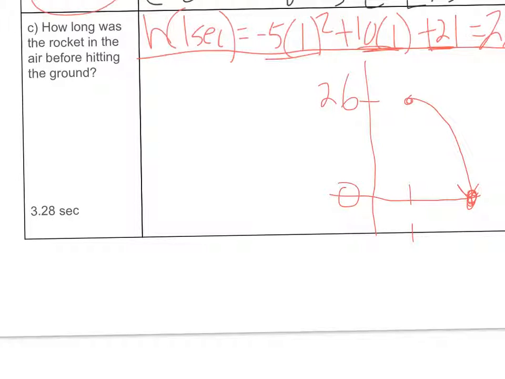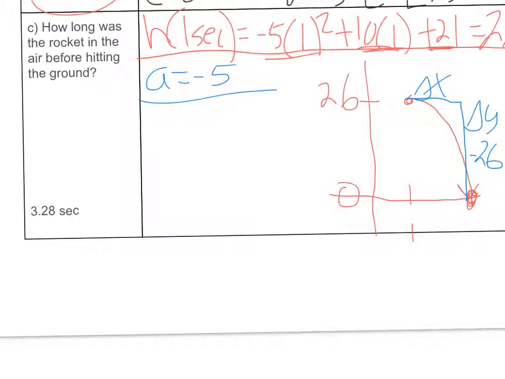So how do I do that? Well, I know my delta y. If I do my slope diagram, my delta y is -26, right? It decreases by 26. I also know from my formula that the a value is -5. That's the number that's in front of the t squared. Okay, so let's look.